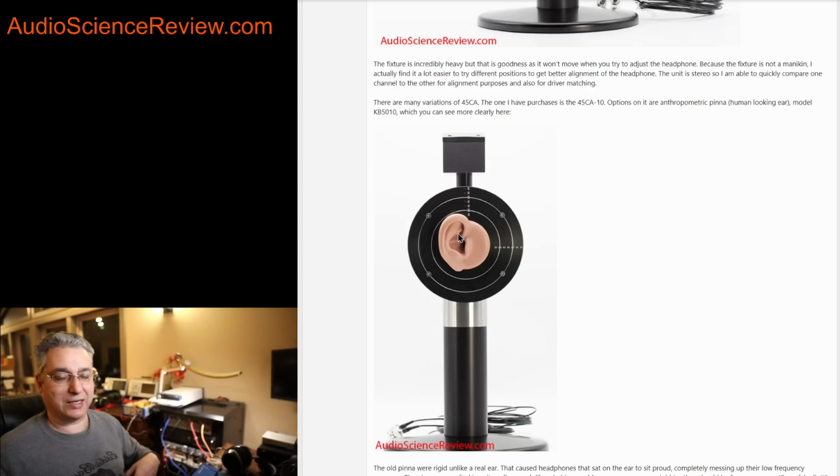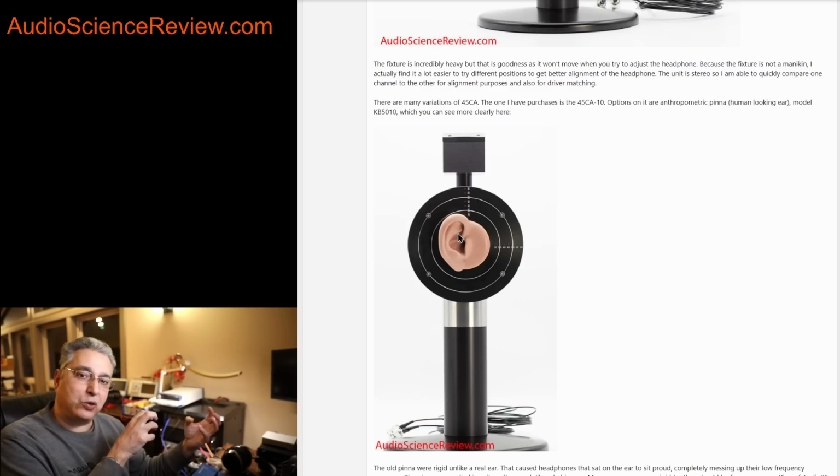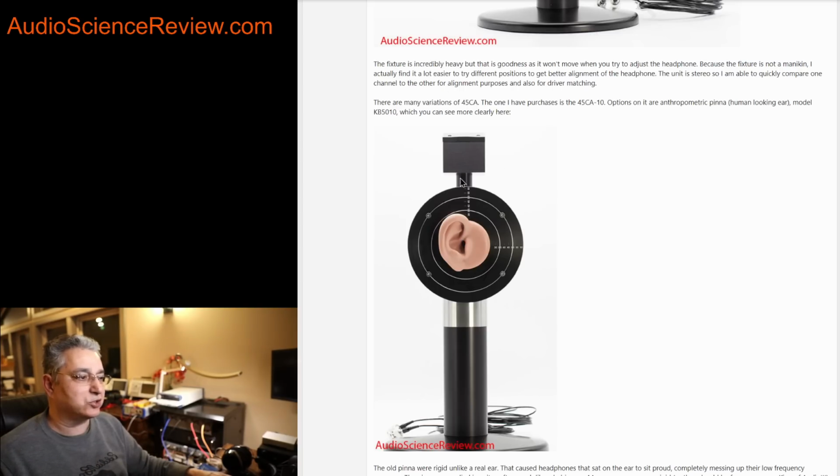It's called a HATS, a head and torso simulator, and then translate those measurements to this exact fixture that I'm using. Although they are using their own pinna, their own ear, which is a little bit different than this. So some minor inaccuracy exists, but otherwise, this is the fixture that they use.